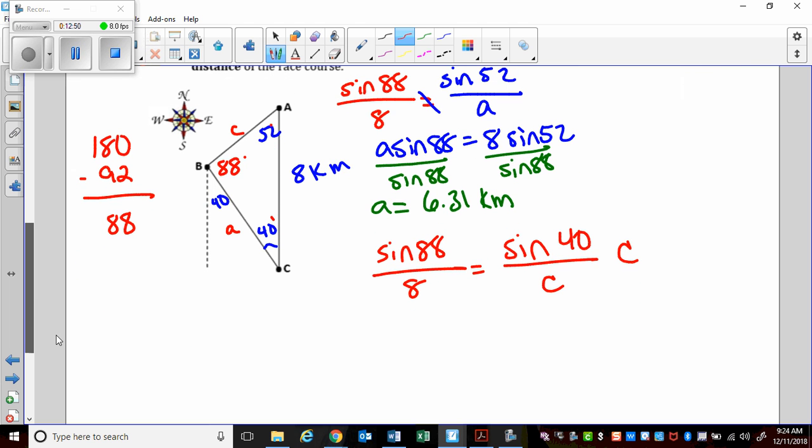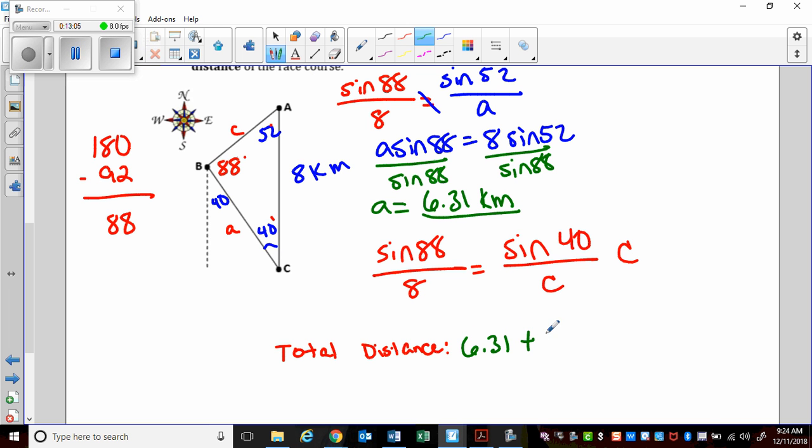So the total distance of the race course is 6.31 plus the 8 kilometers plus whatever we get for C. And then tell me what we get.